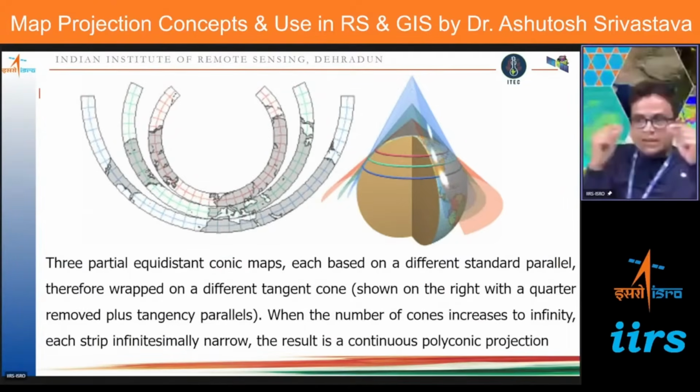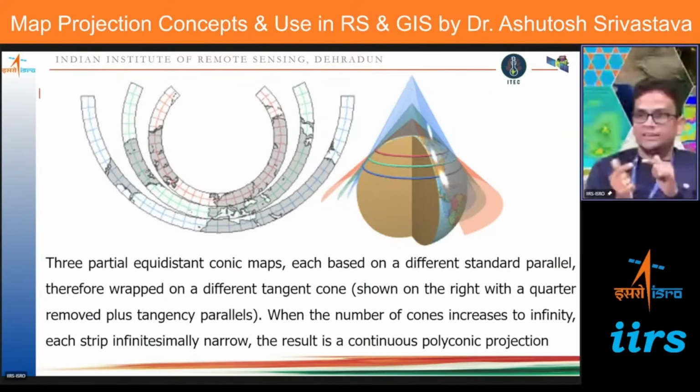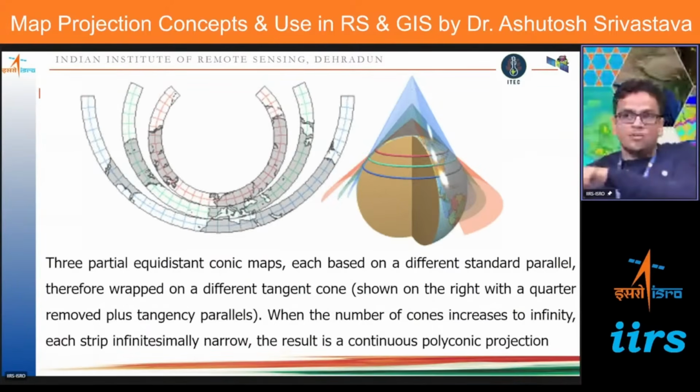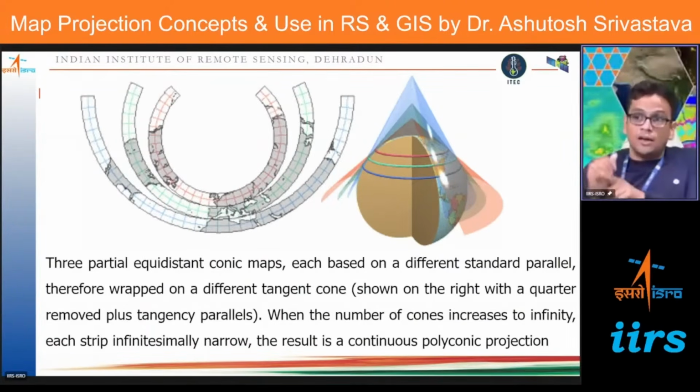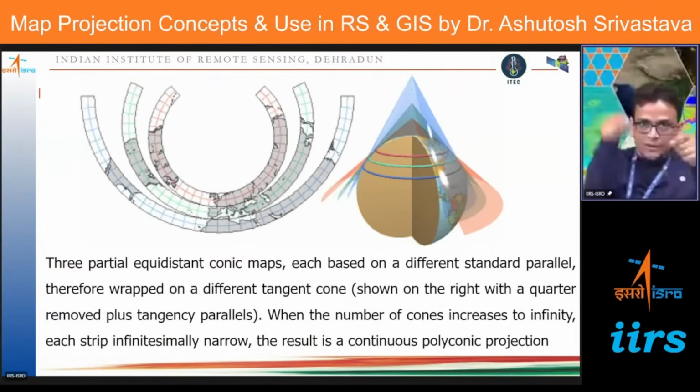Wherever it is touching, I don't take the whole thing, I just take the very thin strip. Wherever it touches, the line will come exactly onto the surface of the cone, so there will be no distortion. It is a standard parallel. So that strip we take and put it like that.